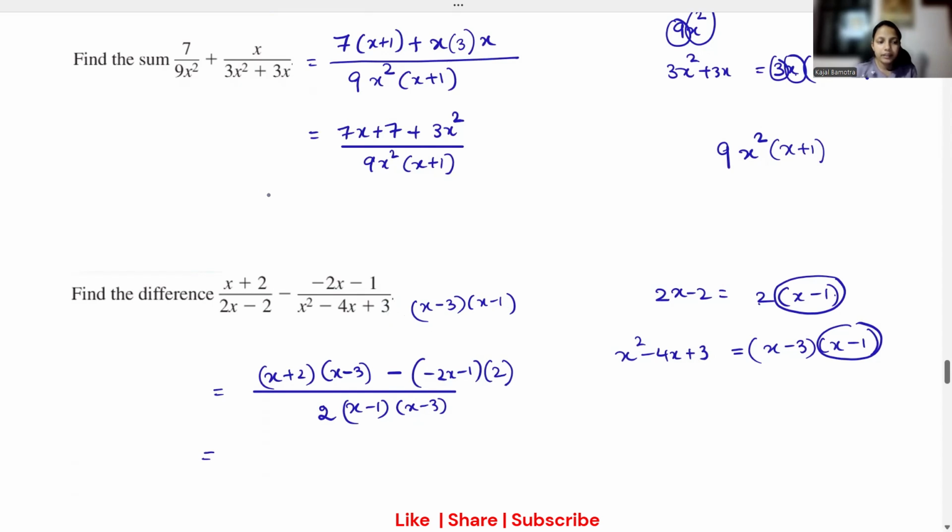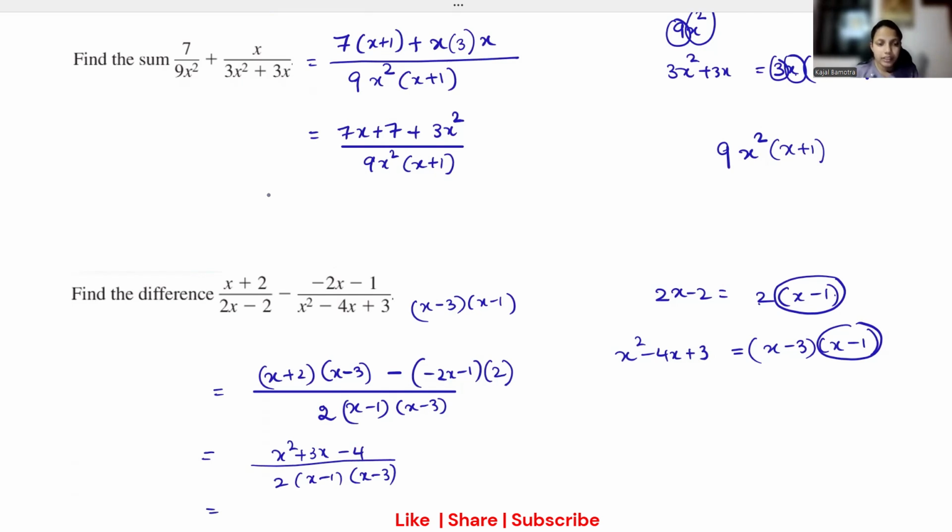You can open it. If you open, you will get x plus 2 and I will get the factor x here plus 3x minus 4 over 2 times x minus 1, x minus 3.